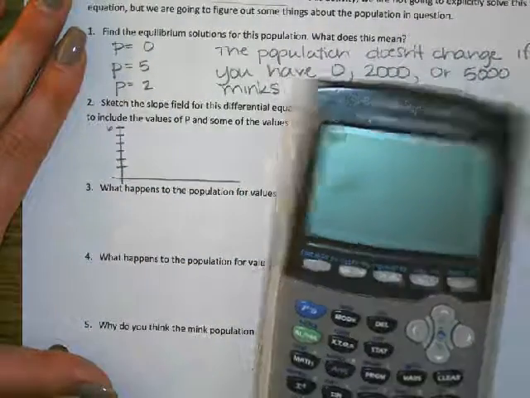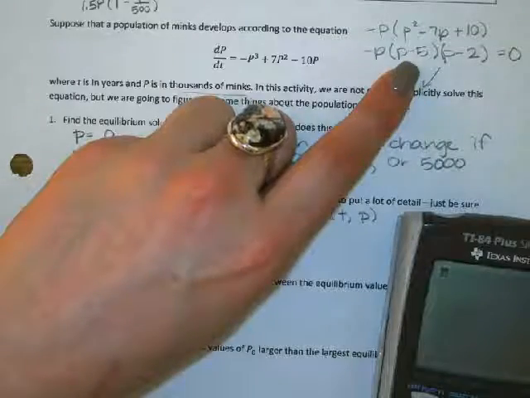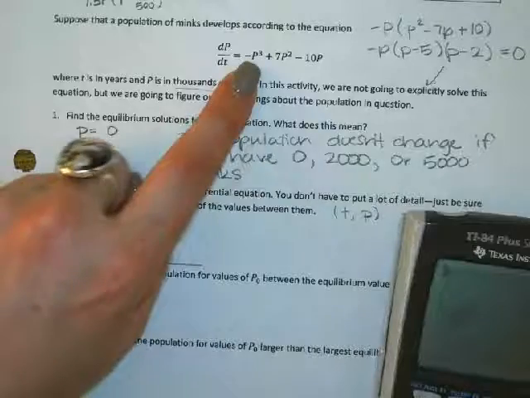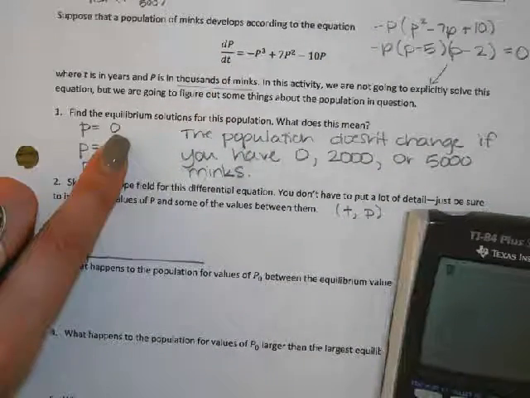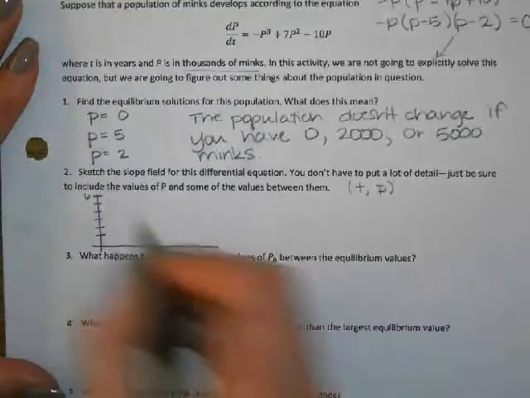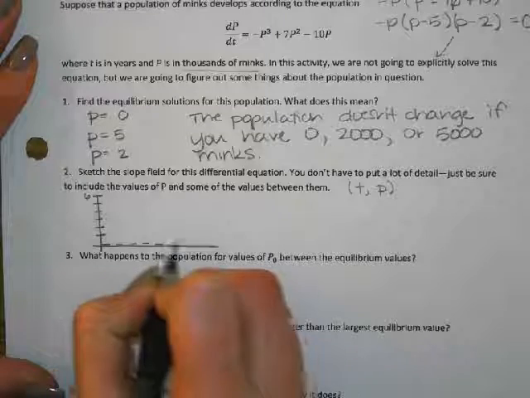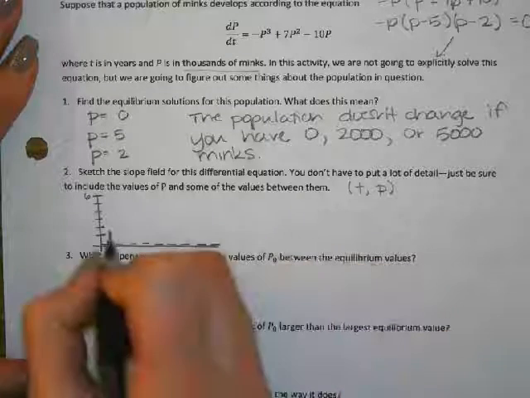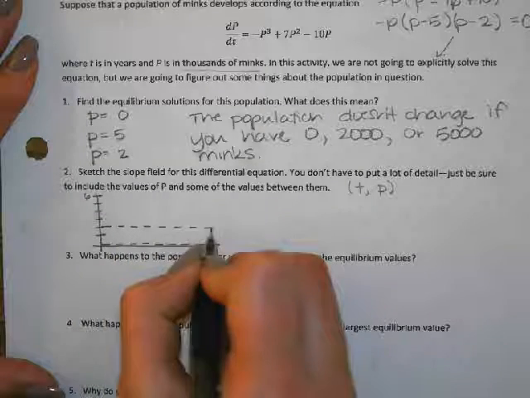Okay. So if we plug in 0, you can plug it into the factored form or you can plug it into the original form. It doesn't matter. If we plug in 0, what is the slope going to be? 0. If we plug in 2, what is the slope going to be? 0. If we plug in 5, what's the slope going to be? 0.